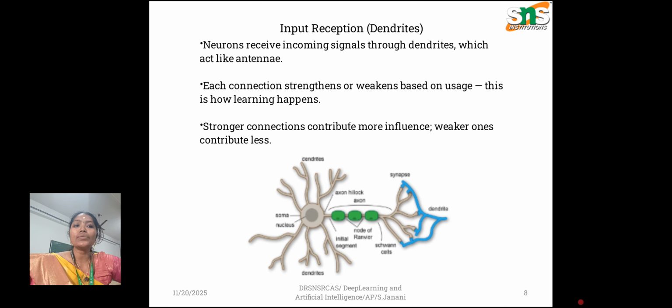The neuron receives incoming signals through dendrites, which act like antennas. So this antenna provides the neuron with the received signals. Each connection strengthens or weakens based on usage, which is how learning happens. A stronger connection contributes more influence, and weaker ones contribute less.